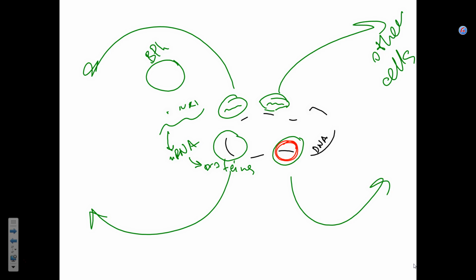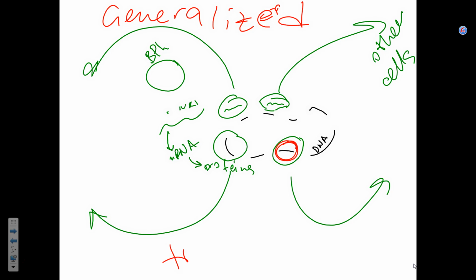And they carry those fragments to other bacterial cells, and they may carry it over. That's another way for the microbes to develop resistance, to get those genes transferred from one cell to another. This is called generalized transduction.